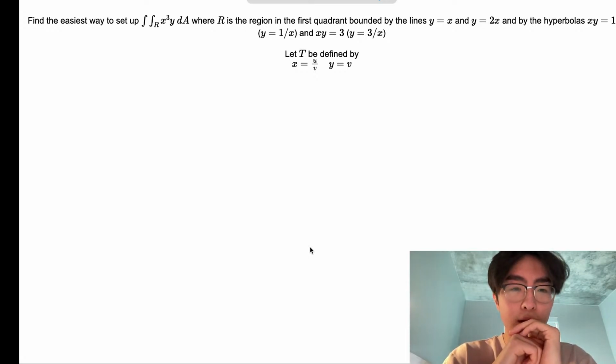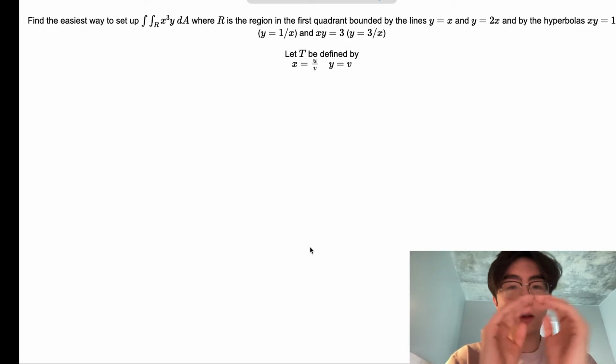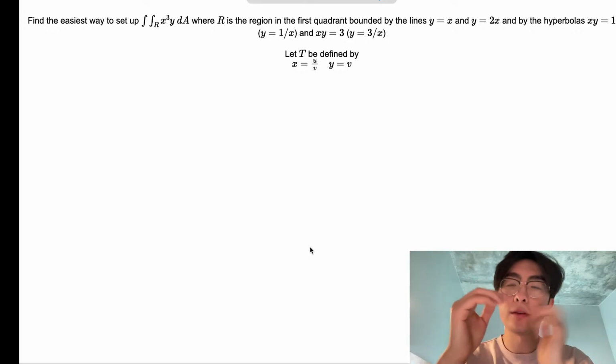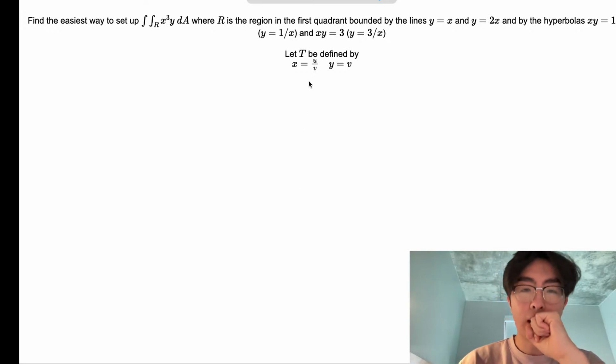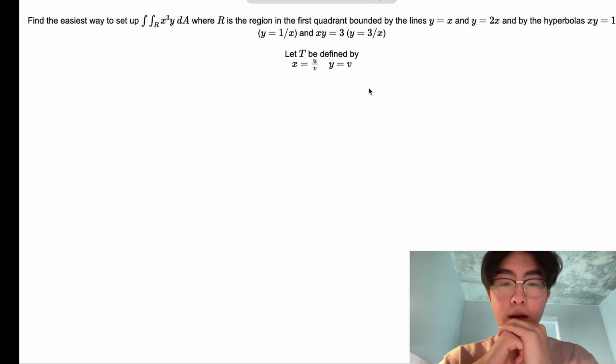I think this will find the volume above or below the xy plane for this region. So now I'm thinking that if we have two of these variables, so x is equal to uv, y is equal to v, then we can make this a little bit easier on ourselves.